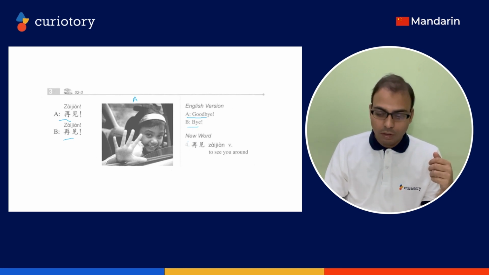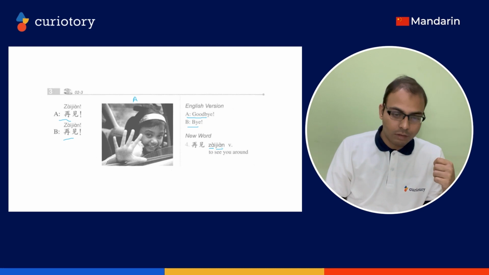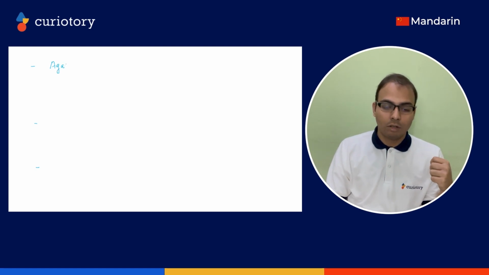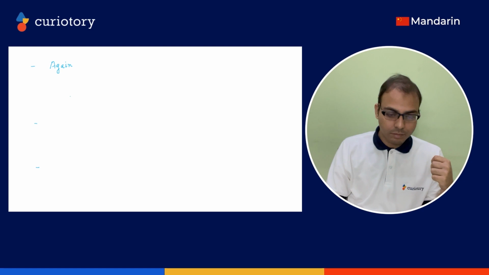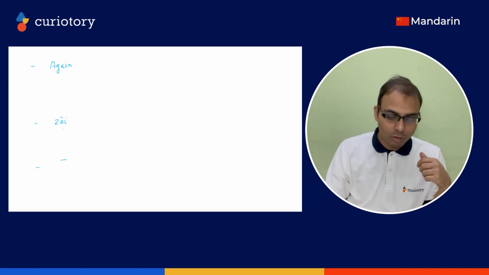Now, what do 再 and 见 independently mean? So now for 再 and for 见. The first part for 再 is again, and the second part is our pinyin, which is zai with a fourth tone.